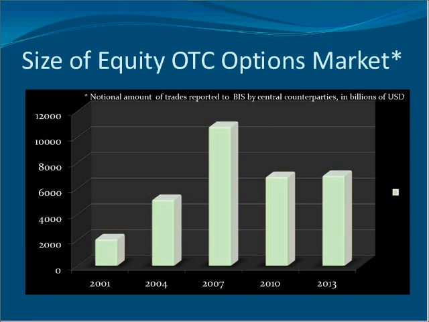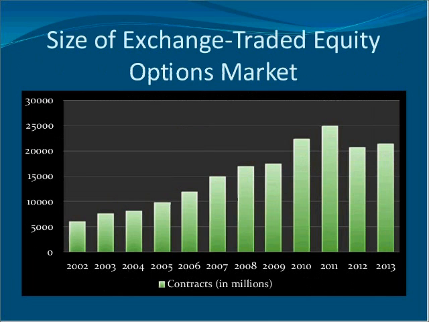The next chart that I want to show you is the size of the exchange-traded equity options market. And I think here you'll see that there's been just tremendous growth in this market. This chart only goes from 2002, but if you were to go back further to the advent of exchange-traded equity options in the late 70s, early 80s, you'll see that there's been steady growth from the beginning, almost every year, uninterrupted growth.